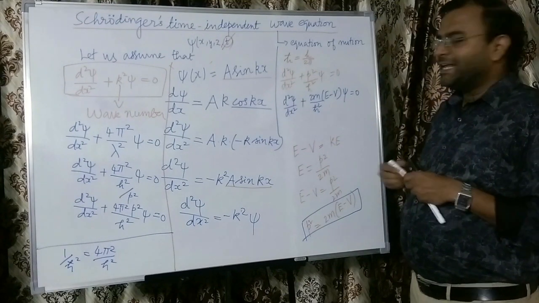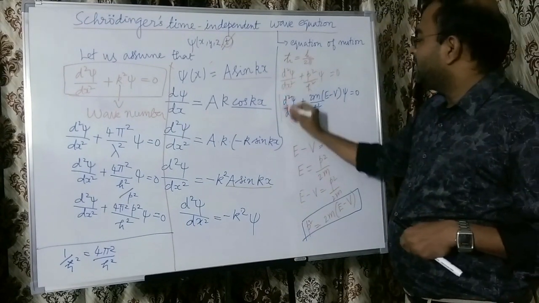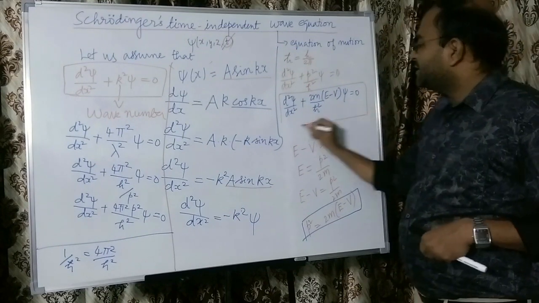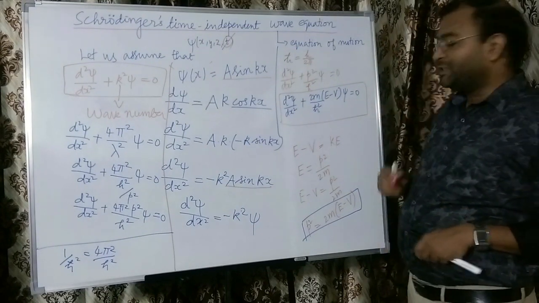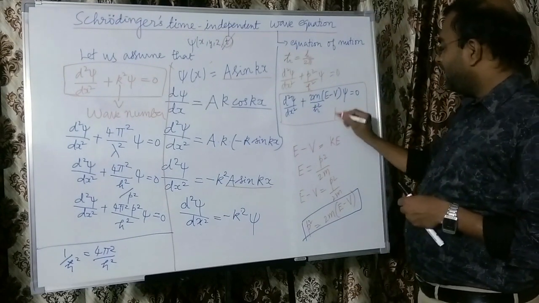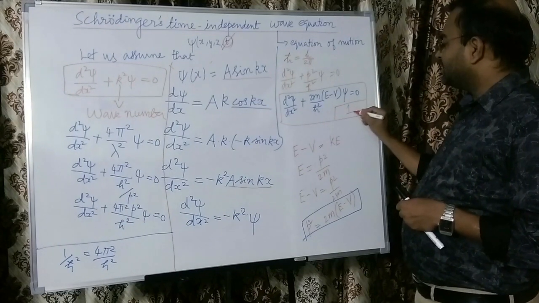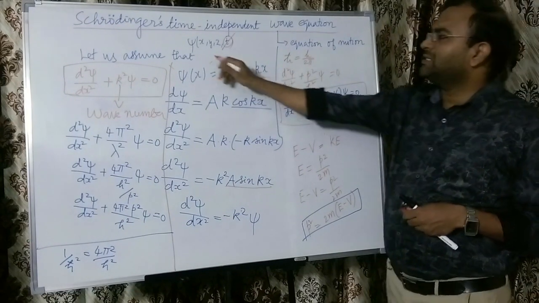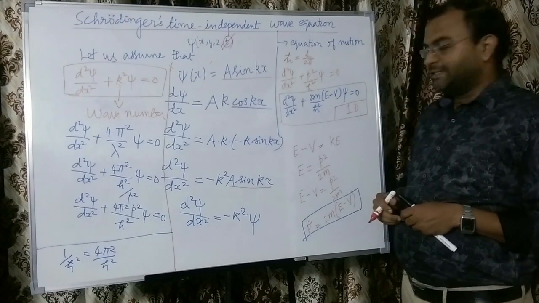So this is the time independent Schrodinger's wave equation in one dimension, because we have considered only one spatial coordinate x.